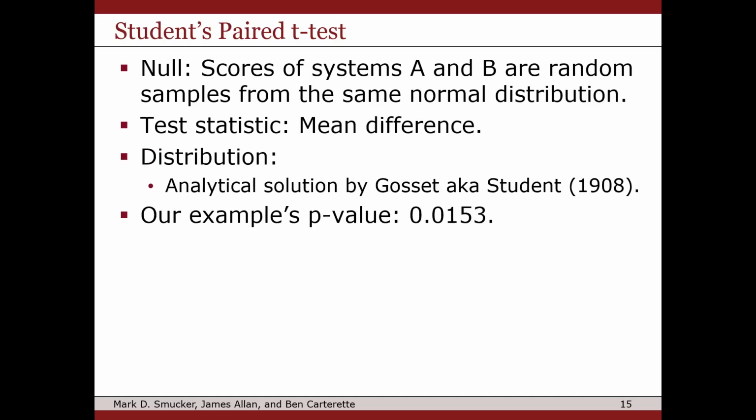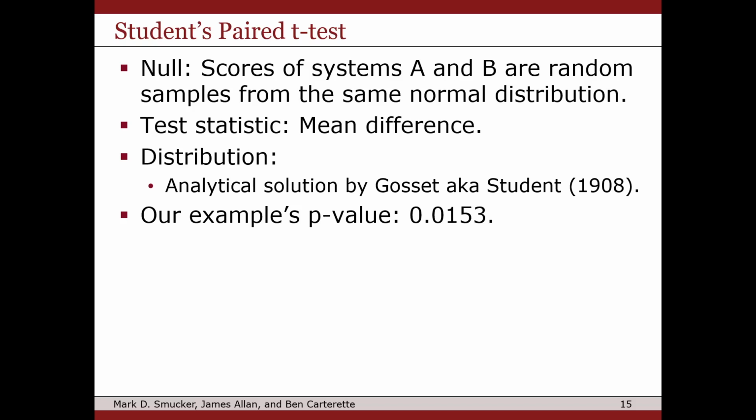Its p-value is in line with what we saw for the randomization test. And then finally, the Student's paired t-test. There's often been concern in information retrieval. You'll see this in some of the early textbooks about whether it is okay to use Student's paired t-test, with its assumptions that you require these normal distributions.